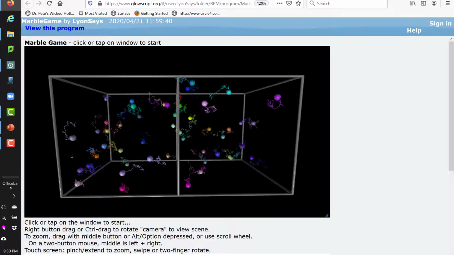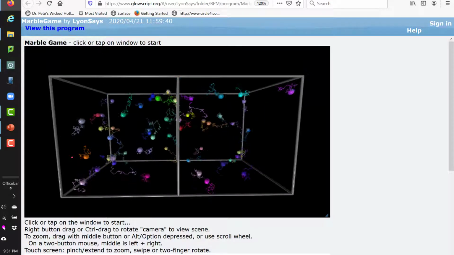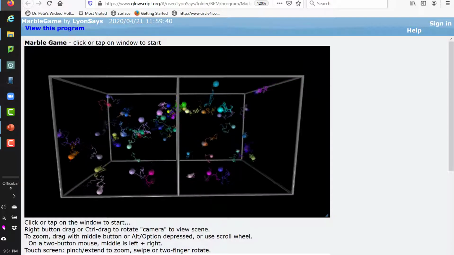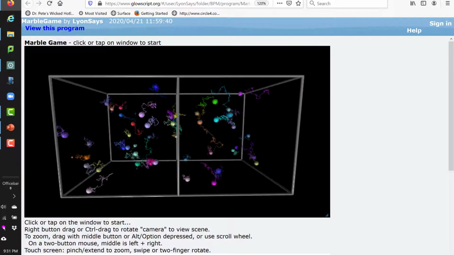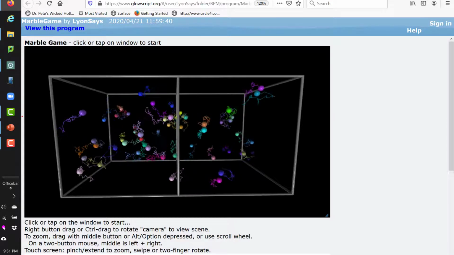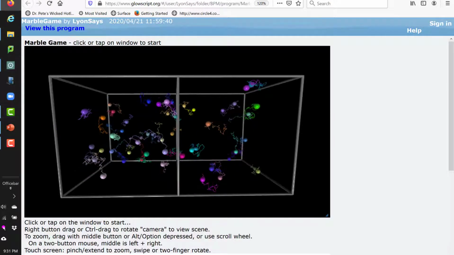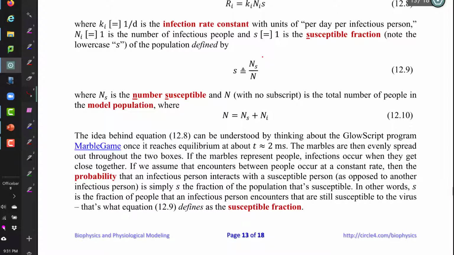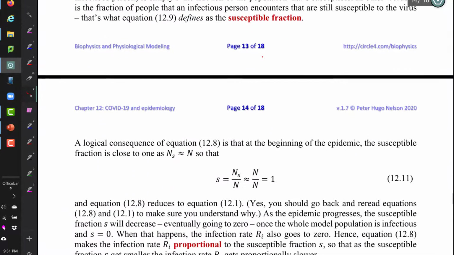So the rate of infection caused by one infectious person depends on the fraction of people that they bump into that are susceptible. And that's actually what's included in this definition of S. So S is just the fraction of susceptible people over the total.